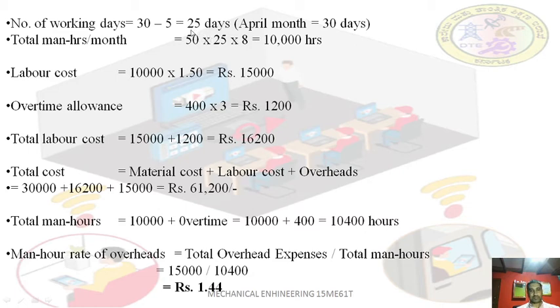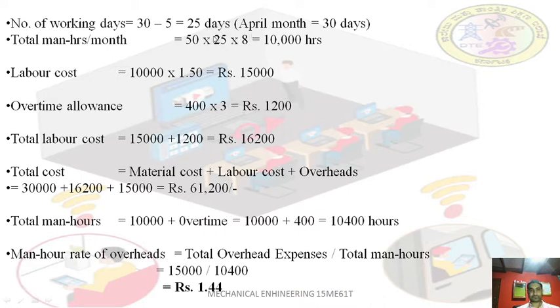So this is 50 labor. The 50 labor are working for 25 days in the month of April, 8 hours per day. So in one day they work 8 hours, and they have to work for 25 days in the month of April.